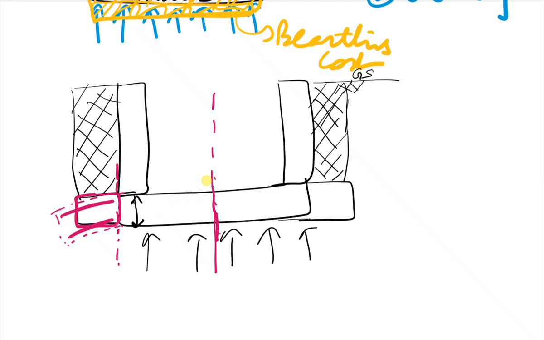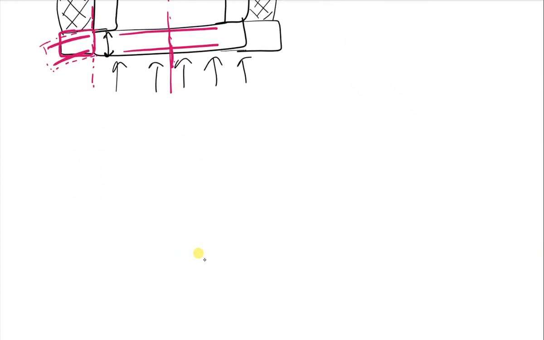The critical moment occurs at the center of the raft, and we will provide reinforcement for this moment here and here. So this is how we will design the raft.